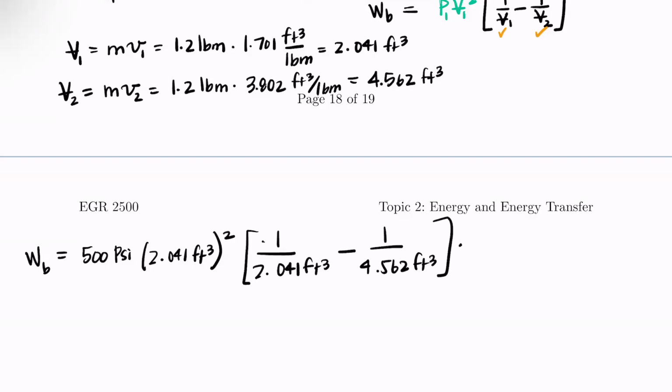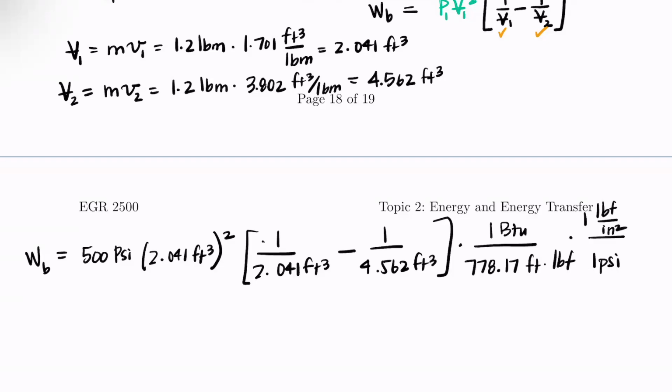And now we need to do some conversions. So 1 BTU is 778.17 feet times pounds of force. And 1 PSI is 1 pound of force per square inch.